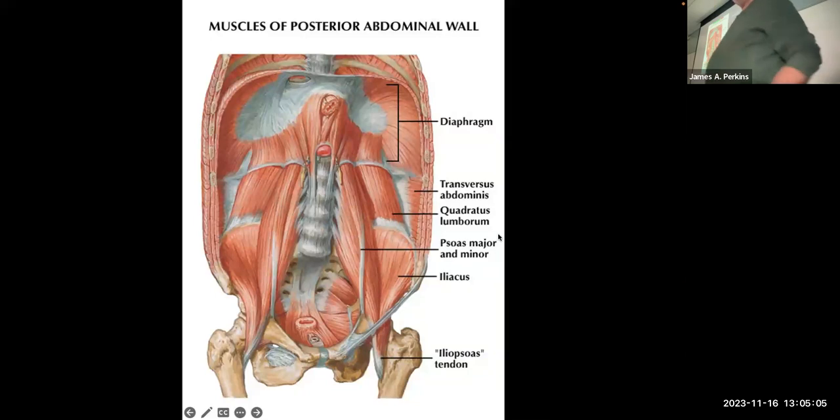It plays a small role in bending sideways. That muscle is going to contract and pull the torso either to the left or to the right. It also has a very small role in extending the vertebral column. Most of this motion is controlled by the erector spinae, but the quadratus lumborum muscles in the back can also assist with extending the back.